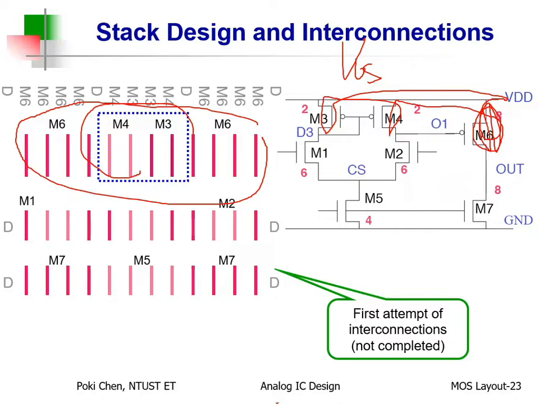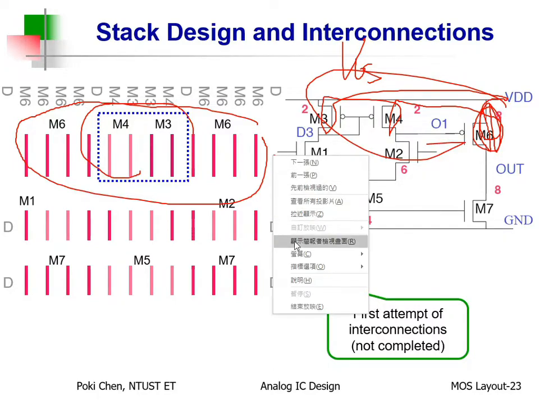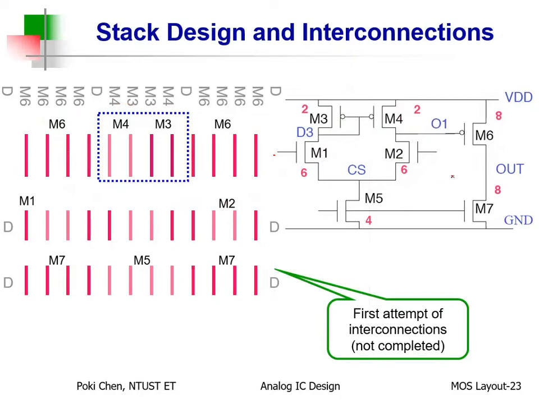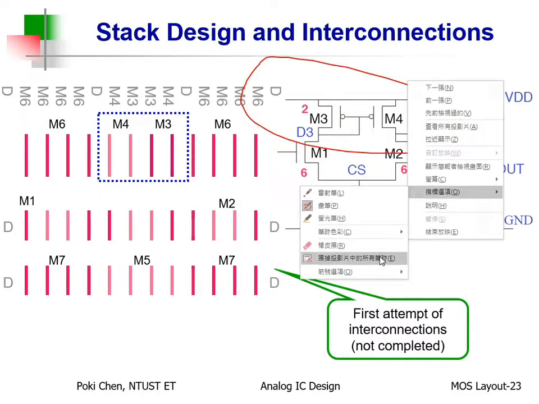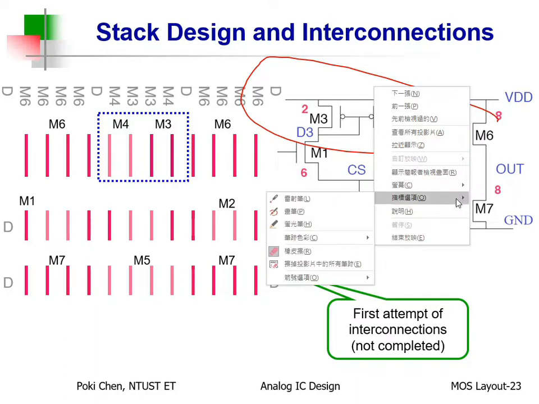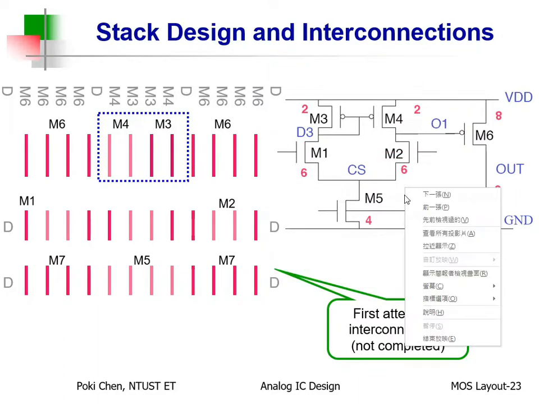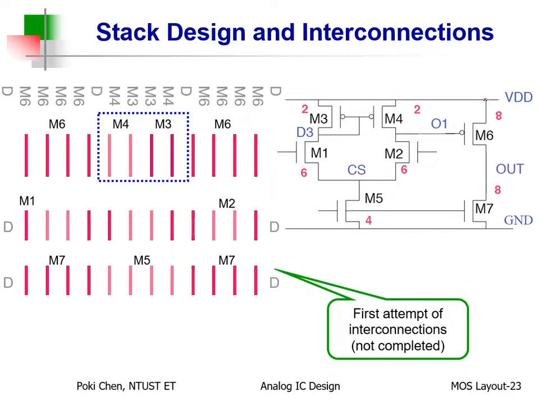Yeah. Just think this. You would like to stack all of them, but also with common centroid, it is impossible for this case. Okay, I show you already, right? 1, 2, 3, 4.